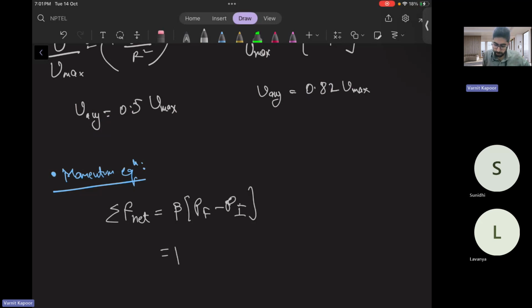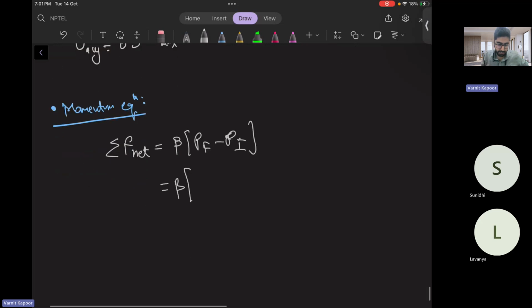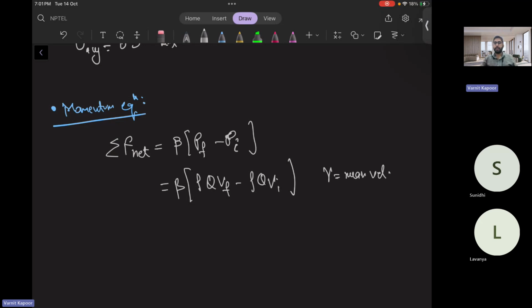That is nothing but your momentum correction factor beta into rho QV final minus rho QV initial, and here V is the mean velocity.